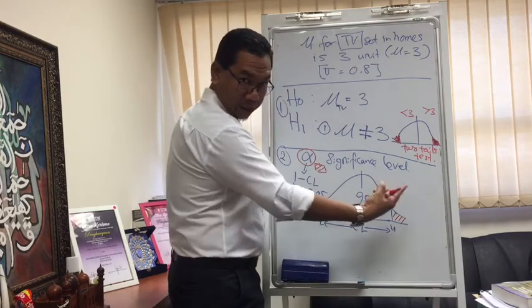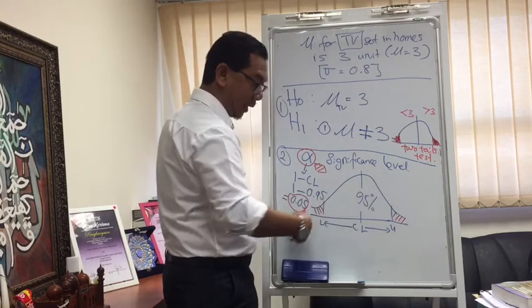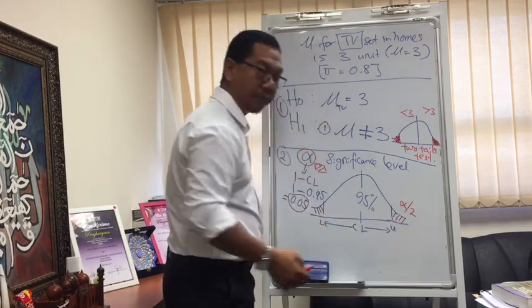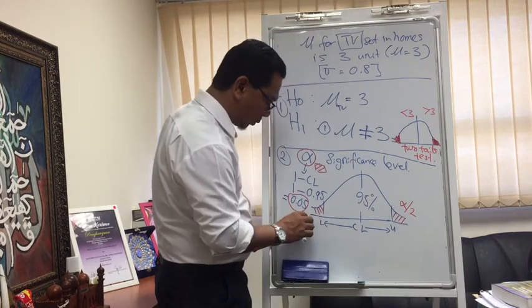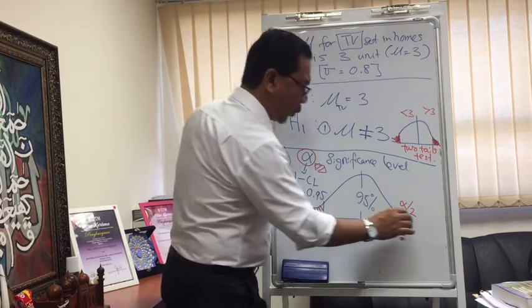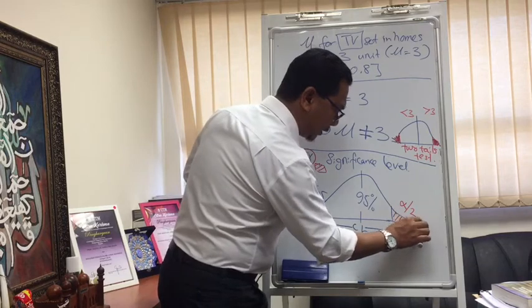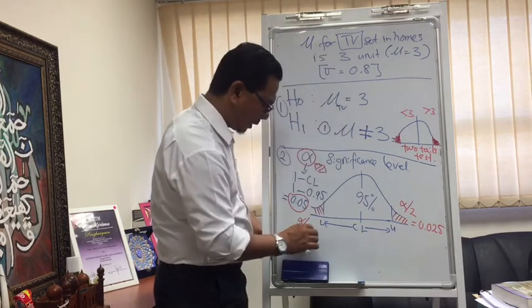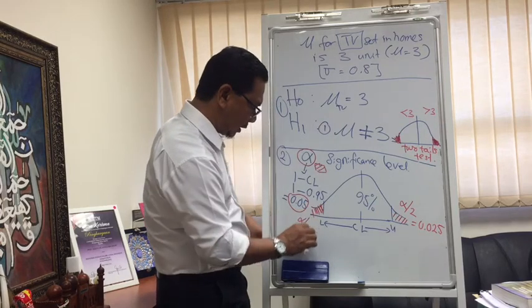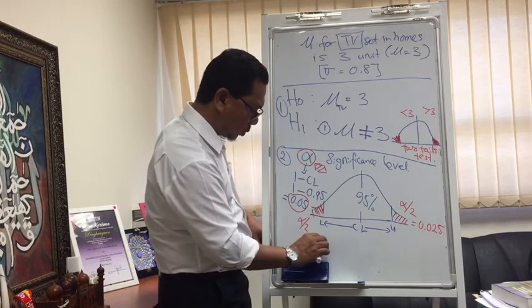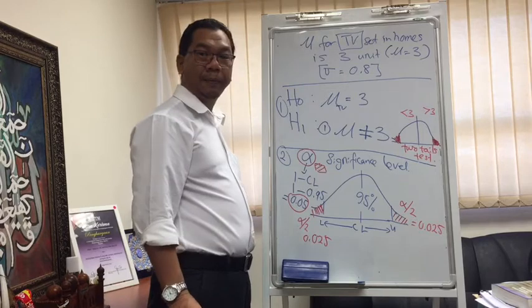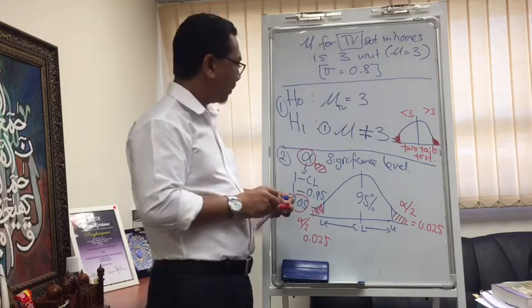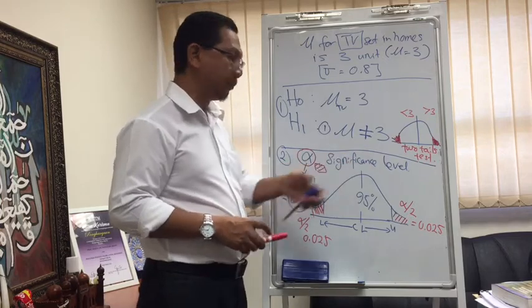Since we have 2 areas, the alpha value is alpha divided by 2. This one also alpha divided by 2, which here the area is 0.025. Same thing here, this area is 0.025. So this is the second step, identifying the significant level.